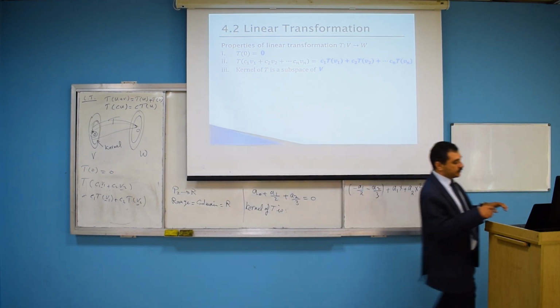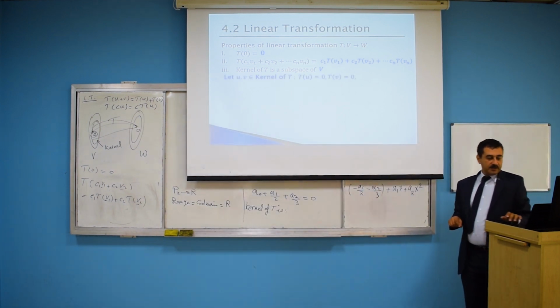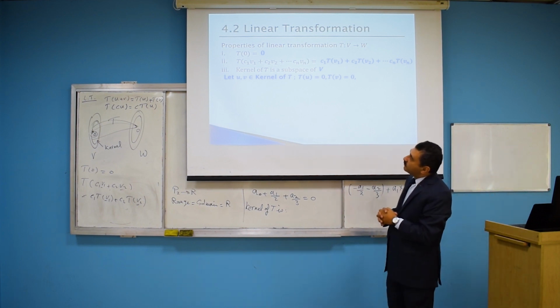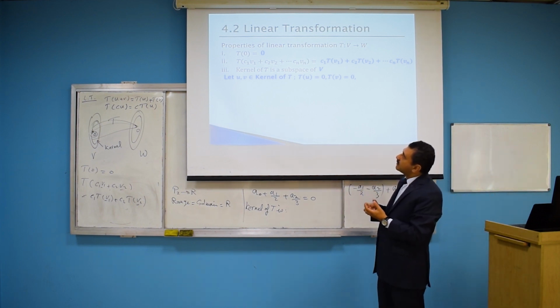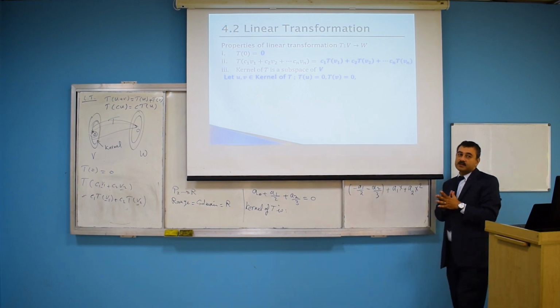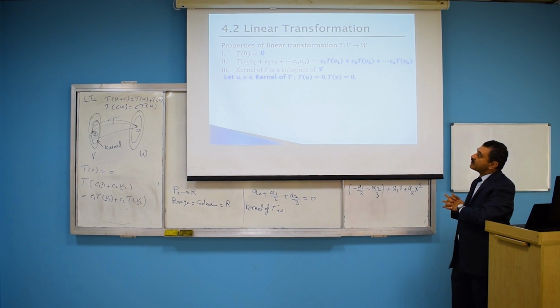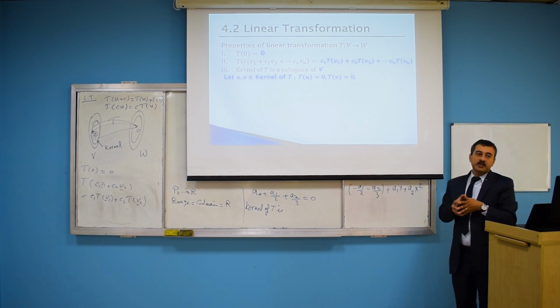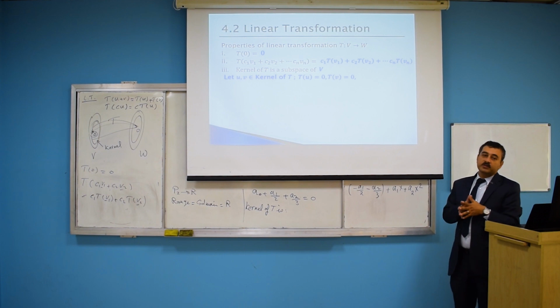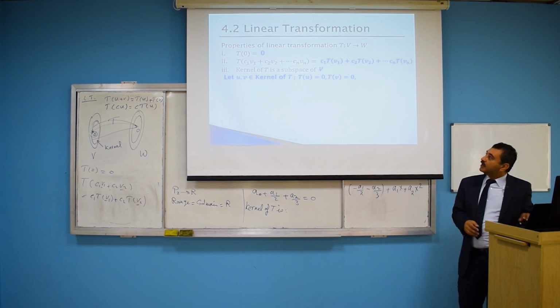So if you want to look quickly at the proof of this, assume that you have two vectors in the kernel, which means that the transformation of both gives the zero vector, transformation of v1 and transformation of v2. You want to prove that the transformation of their sum equals zero also, which means that the sum belongs to the kernel.